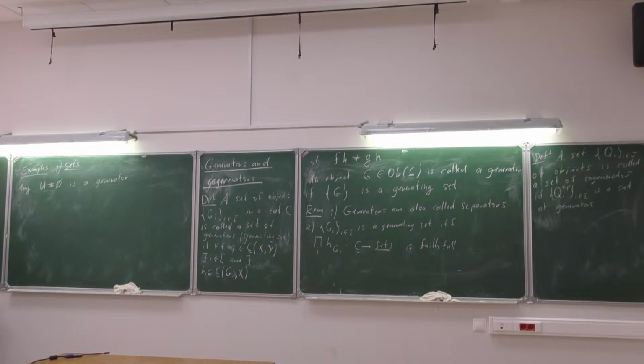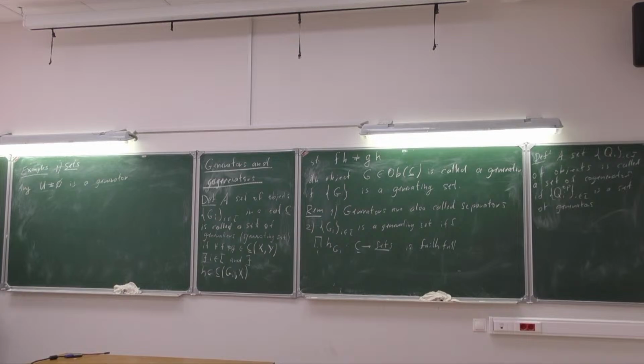How about the cogenerators in the category of sets? Sure. Like in this example, any non-empty set is a generator. You have plenty of non-empty sets, so in no way is this canonical. But how about the cogenerators in the category of sets?